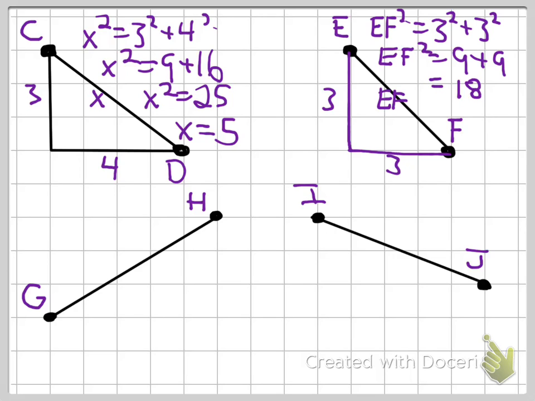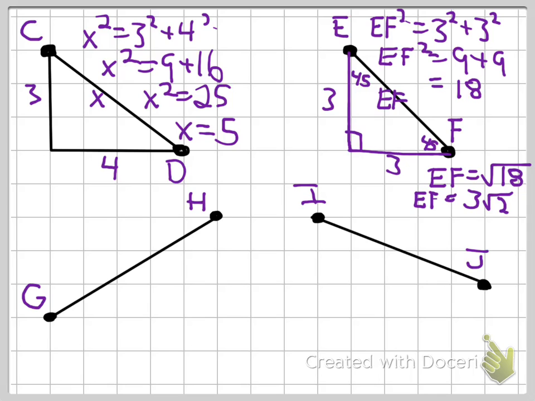Now all this comes out to be is that EF is equal to the square root of 18, which simplifies, because 18 is 2 times 9, to be 3 root 2. Now, give yourself an extra credit point here, wherever that may apply, if you said, hey, wait a minute, I know that's 3 root 2 because that's a 45, 45, 90 triangle, and the hypotenuse is root 2 times the leg.